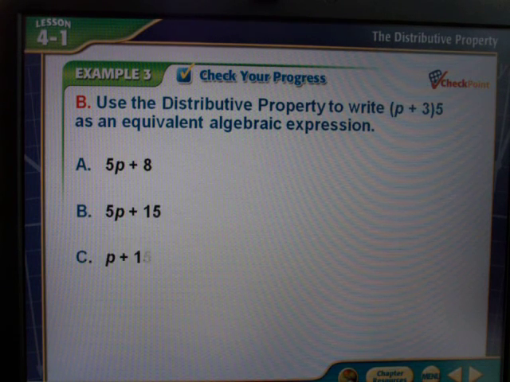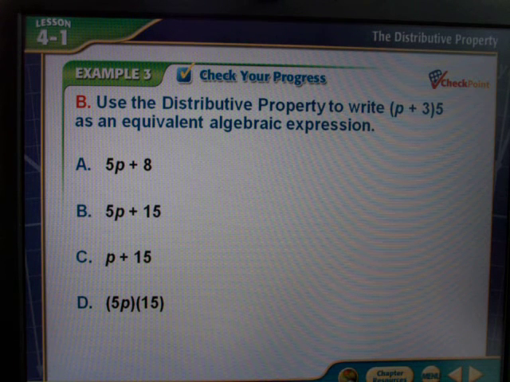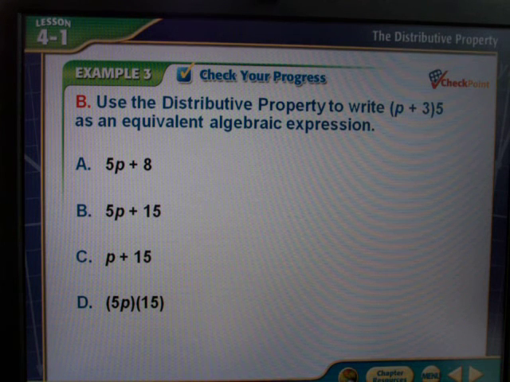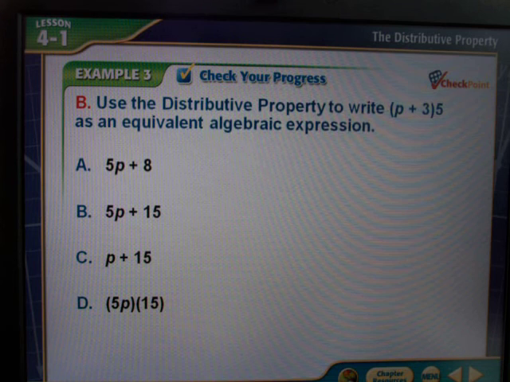Now we're going to use the distributive property to write the quantity p plus 3 times 5 as an equivalent algebraic expression. Is it A, 5p plus 8, B, 5p plus 15, C, p plus 15, or D, 5p times 15? And your answer is?